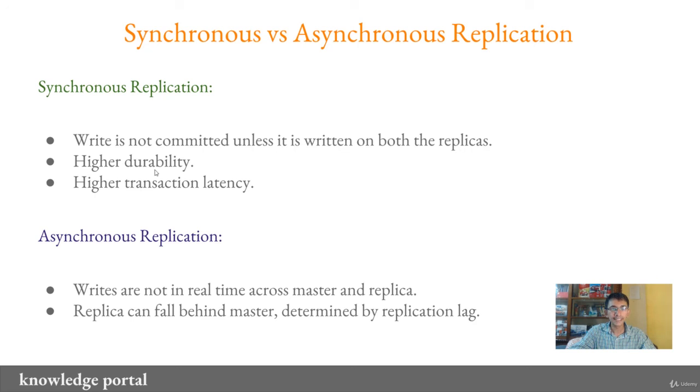Since it is synchronous replication, you have higher durability. You might also have higher transaction latency. When it comes to asynchronous replication, since writes are not happening in real time across both the master and the read replica, your read replica might fall behind the master, and that can be determined with the help of replication lag.